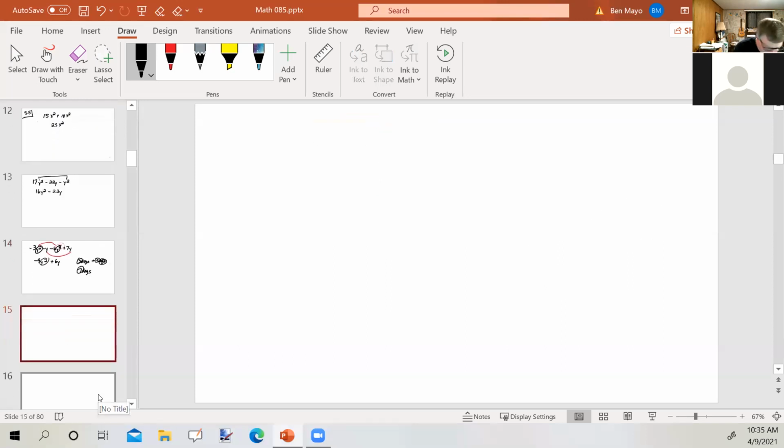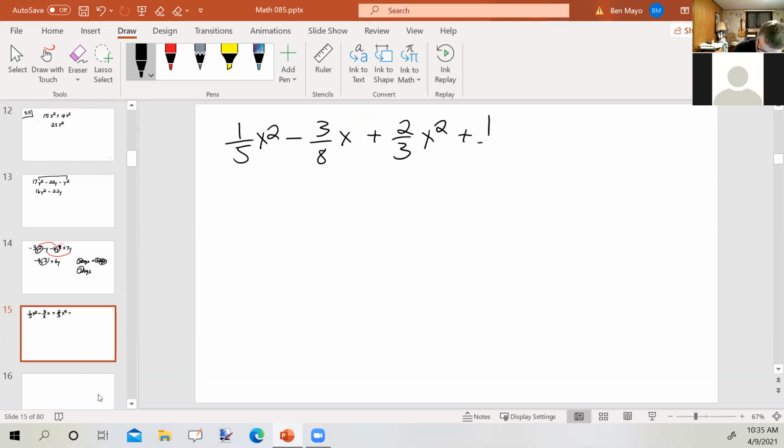All right. Let's say I've got the following: 1/5 x squared minus 3/8 x plus 2/3 x squared plus 1/4 x. So I'm going to combine like terms and write the expression in descending powers of x.